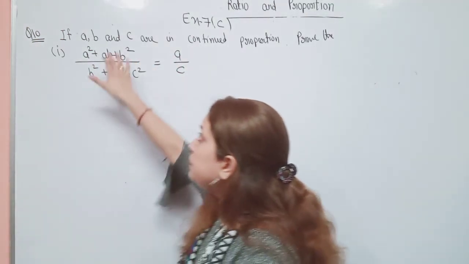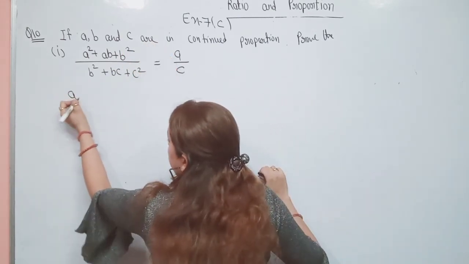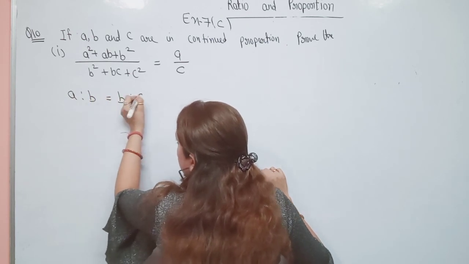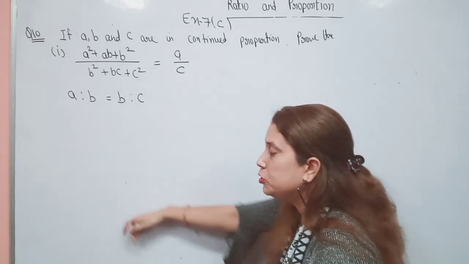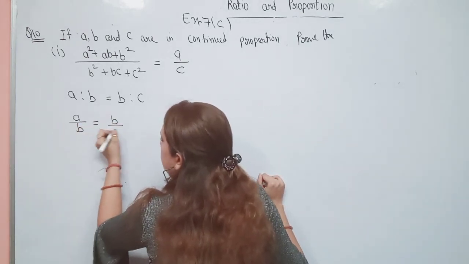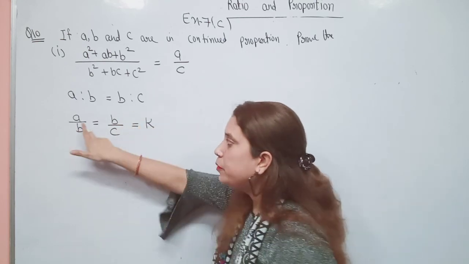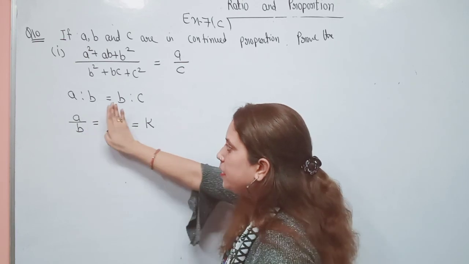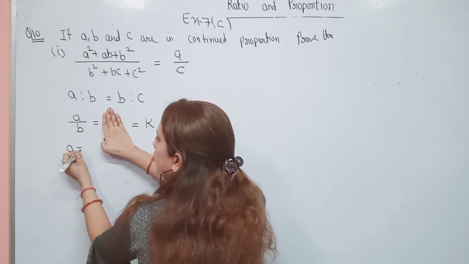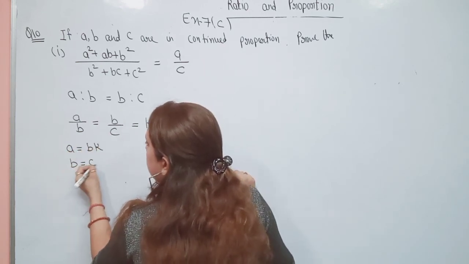If they are in continued proportion, it means A ratio B is equal to B ratio C. This is the continued proportion. It means A upon B is equal to B upon C. We let it be any constant K. So what will be the value of A? If we compare, A upon B is equal to K. So A is equal to BK and B is equal to CK.